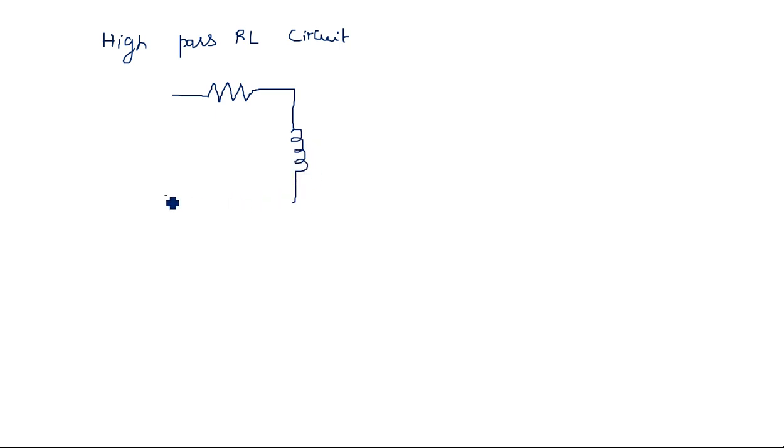So draw the resistor and inductor properly. This is the output voltage V0 and this is the input voltage Vi. What I said, R dash and this is L. So in the high pass RL circuit, we are taking the output voltage across the inductor.